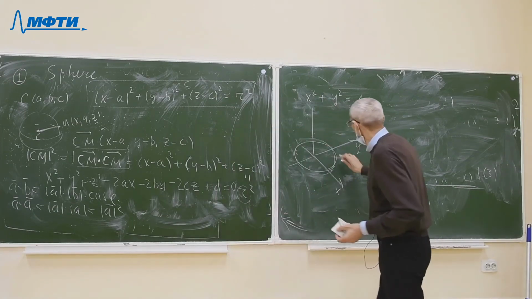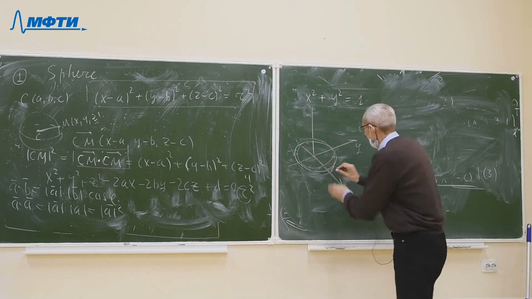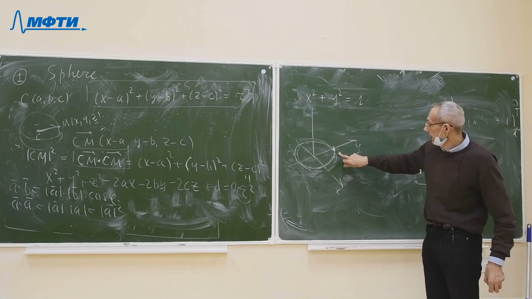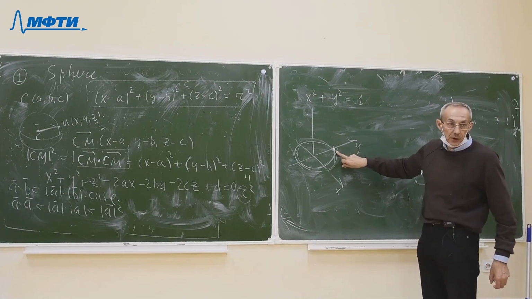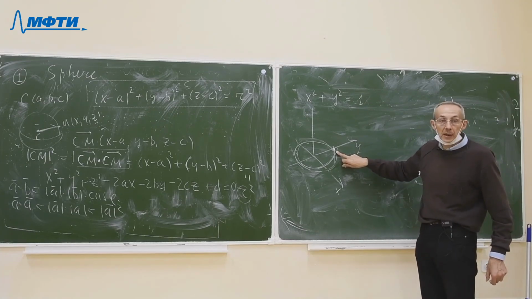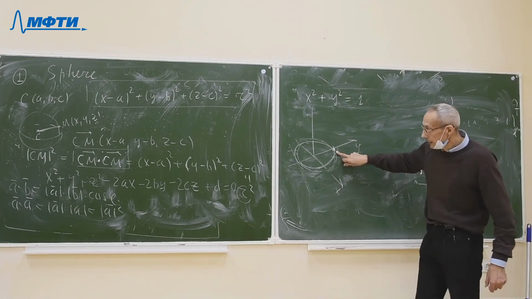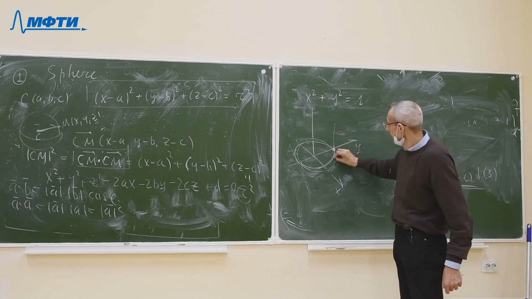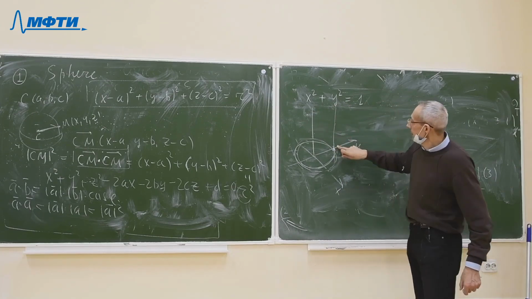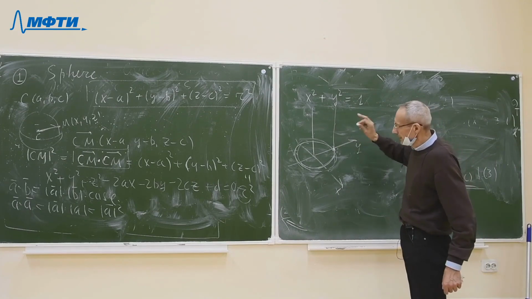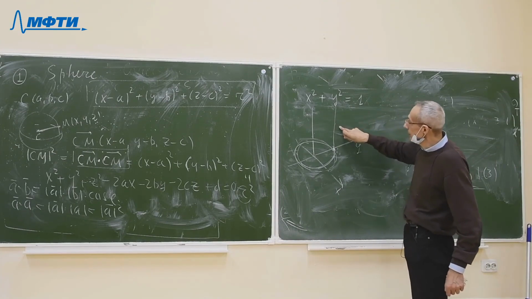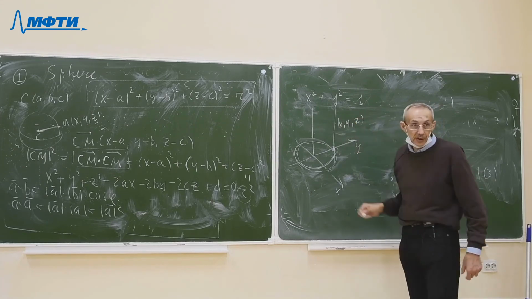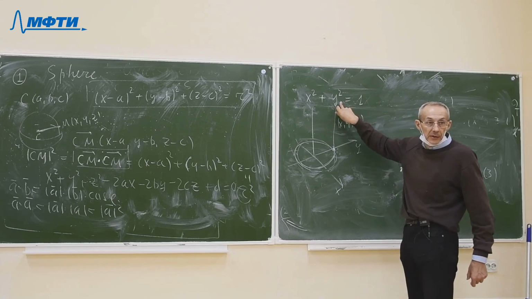If we consider some point which lies on our circle with coordinates x, y, 0, and change the coordinate z, consider the point which has coordinates x, y and an arbitrary coordinate z. Z is absent in this equation.